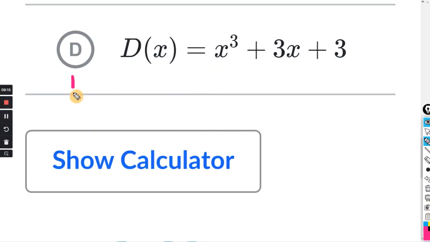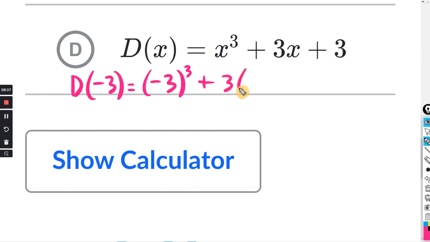Finally, answer D. We're doing D of -3. So that's (-3) to the third, plus 3 times -3, plus 3. A lot of calculator work if you're not doing it in your head or manually. This again is -27. 3 times -3 is -9, and that's plus 3.